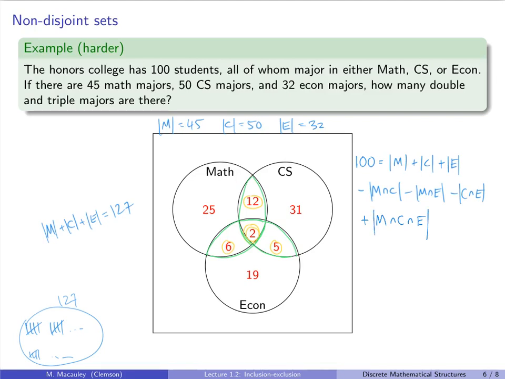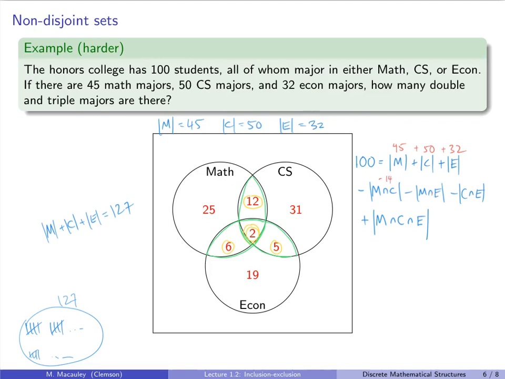And now we can check that this works. So 100 is, let's see, 45 plus 50 plus 32. That's 127. Let's subtract off M intersect C. That's actually 14, so minus 14.